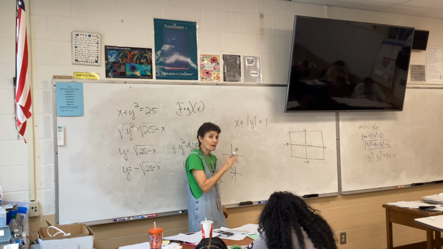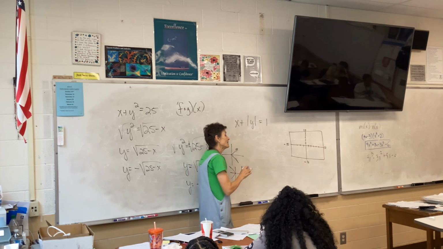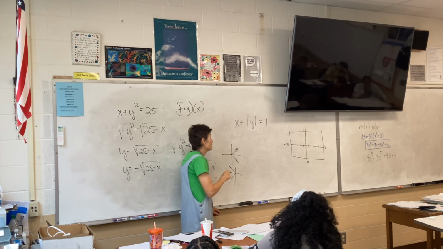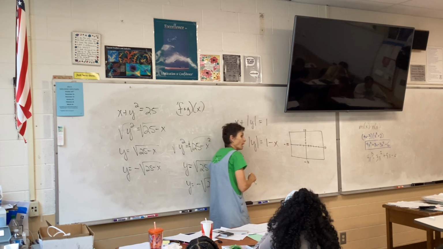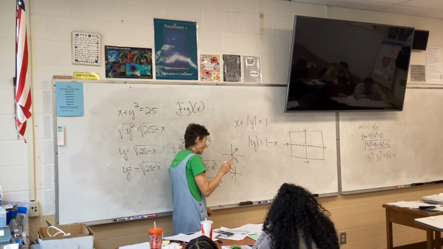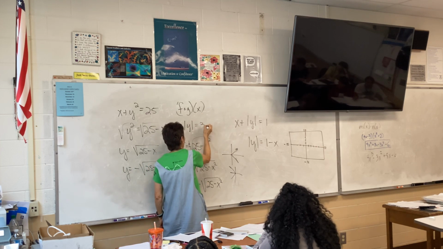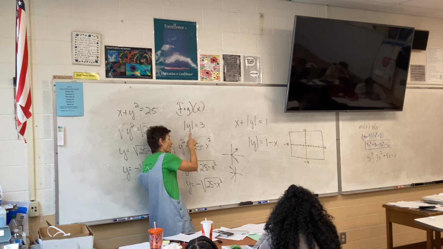So we need to break it down into its implicit functions in order to graph it. Now, this is a little complicated, so I need you to pay attention. First of all, this part's not complicated. You can certainly get y by itself, right? But stop and think about it a minute. If I said the absolute value of y is 3, what could y be?